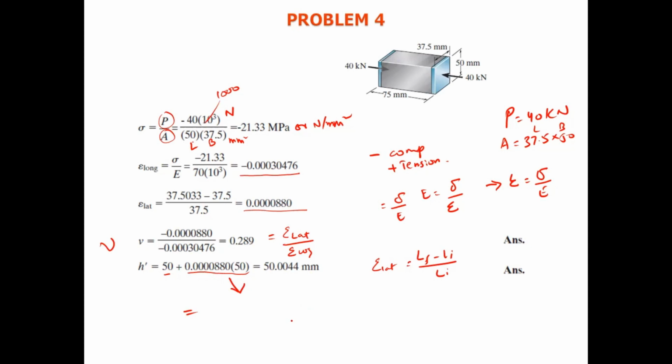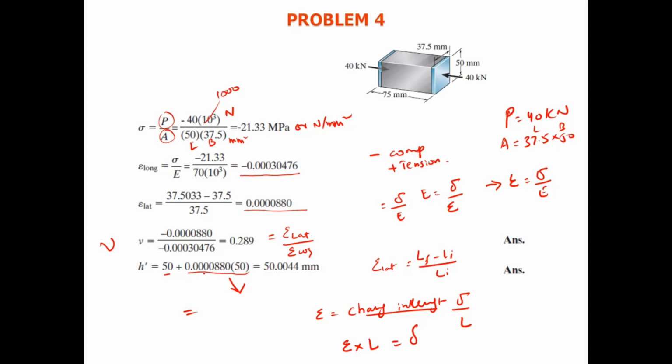If you don't understand, let me tell you in this way. Strain is change in length over original length. So to determine the change in length, we multiply strain by original length.